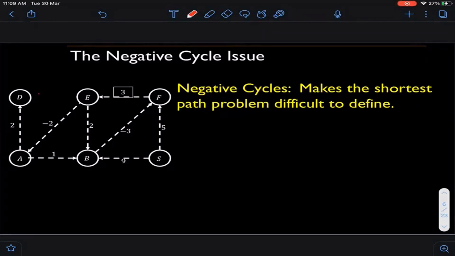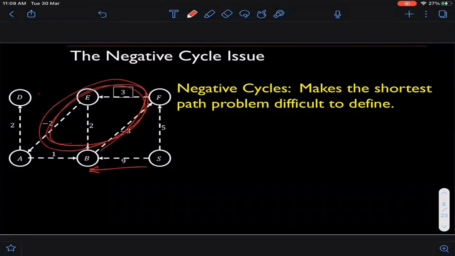Why? Because you can go from S to V, and then you can go around this cycle as many times as you want, and every time you traverse it once, your path length is going to drop. Then you can take the final edge. So the distance from S to D in this graph is as small as you want. So it's not even well defined what the length of the path is.